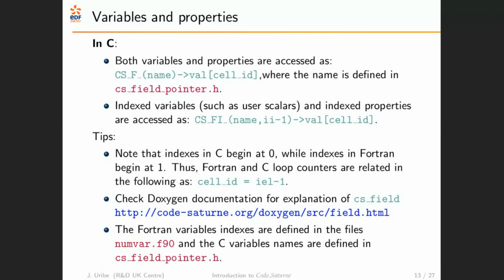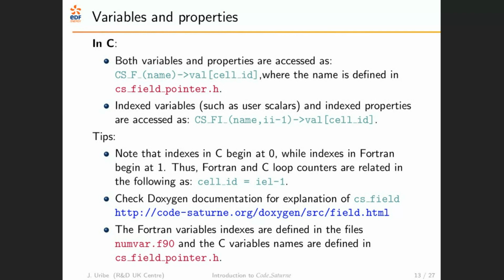Then you can get the values like what's written here. Things to remember: in C your indexes start at 0, whereas in Fortran they begin at 1. So your loop counter is going to be different.